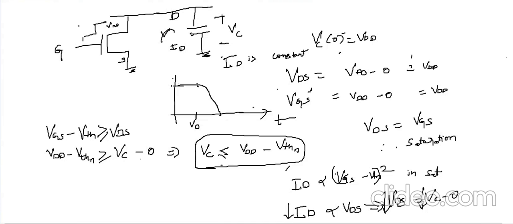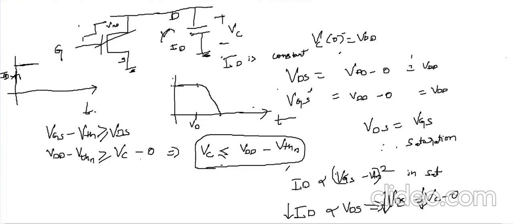So if we draw the current waveform, if we take an axis, this is current axis, this is time axis, this is time, this is ID.